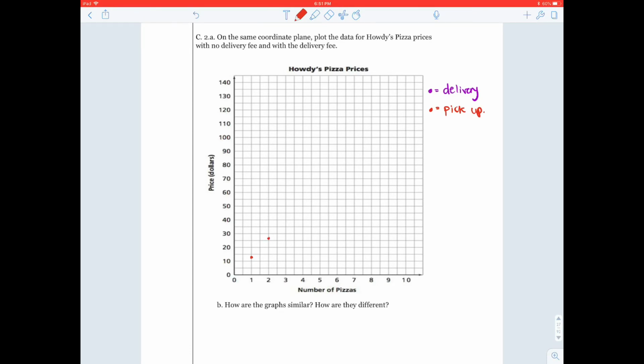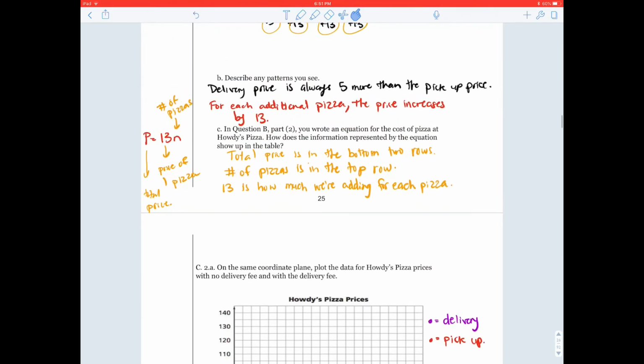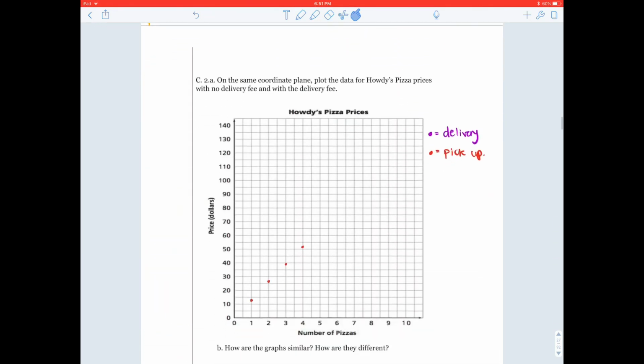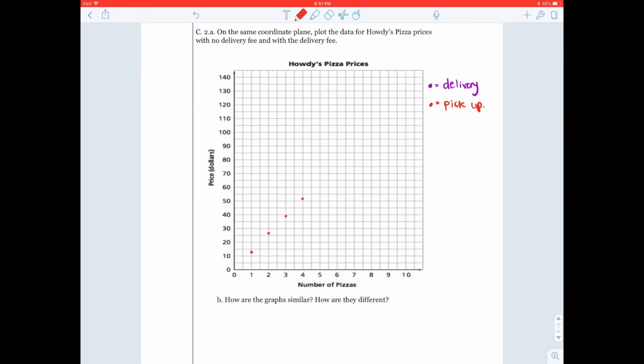So 26, 39, which is just below 40, 52, 65, which is $65, and 78 is about right there.